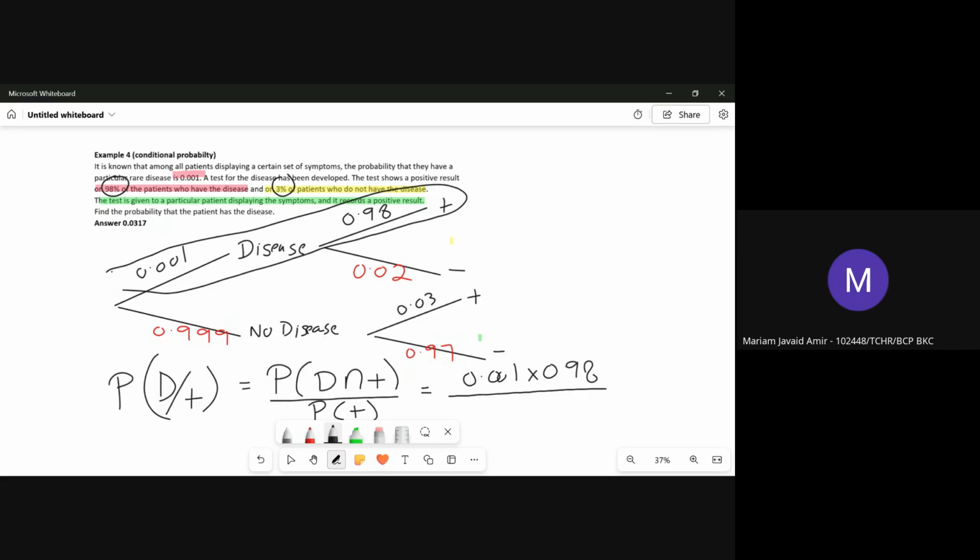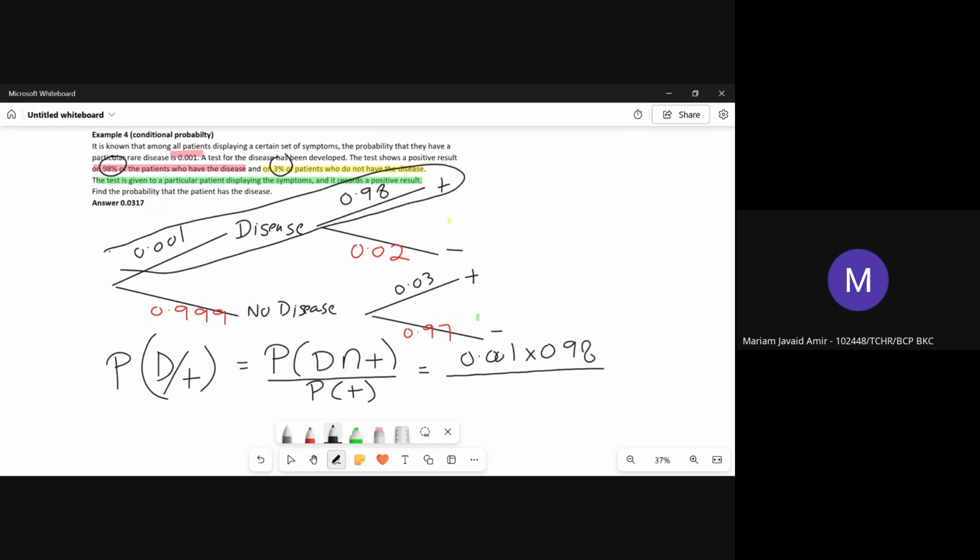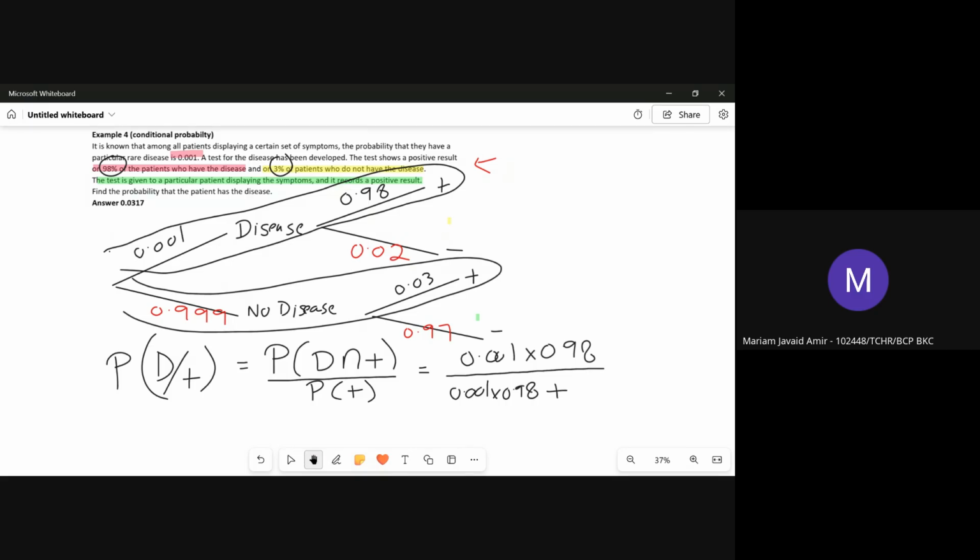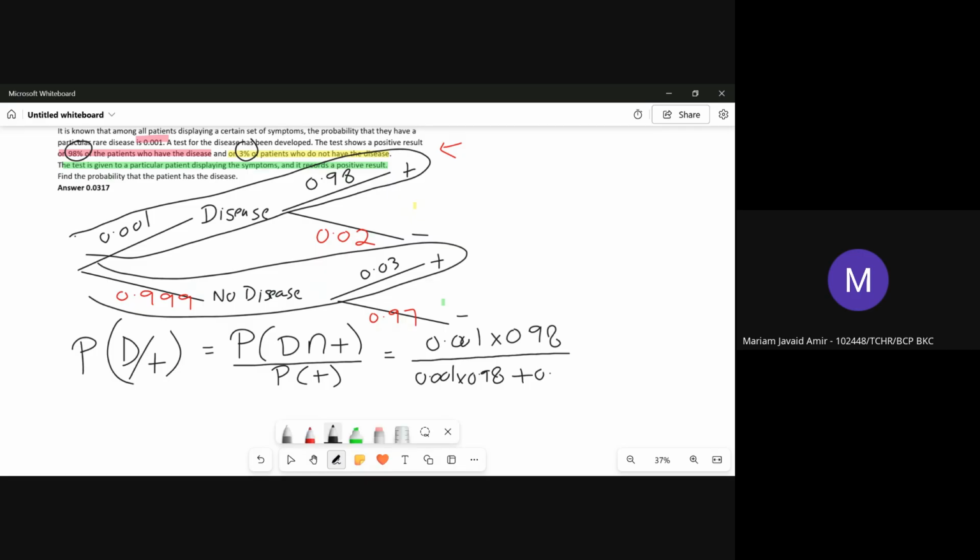the result is positive. अब इसके लिए दो branches follow करनी पड़ेंगी. इस branch के भी end में positive है और इस branch के end में भी positive है. So we'll have to find both these products and add them. So 0.001 times 0.98 plus 0.999 times 0.03.